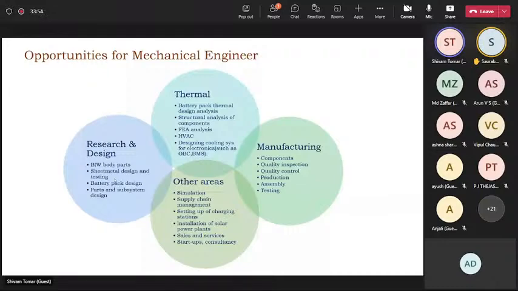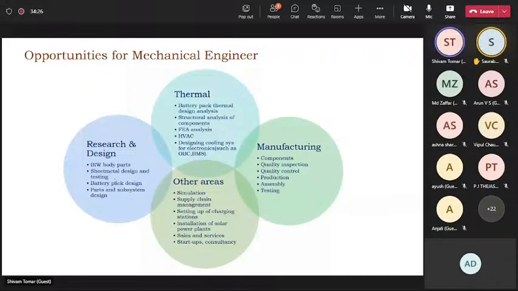Since we don't have so many moving parts in electric vehicles, this gives us a degree of freedom for whatever product we want to design. We have no limit for designing vehicles. Whatever design you can think of, you can design it with electric vehicles.